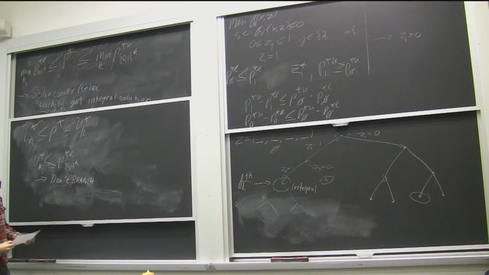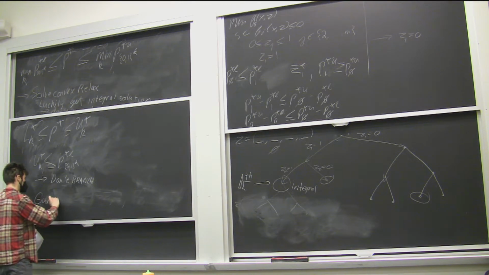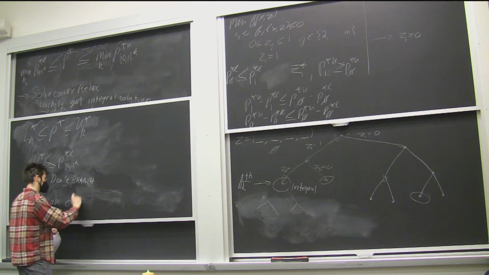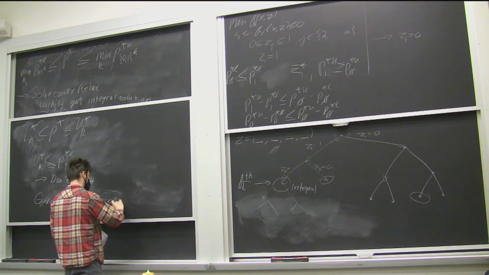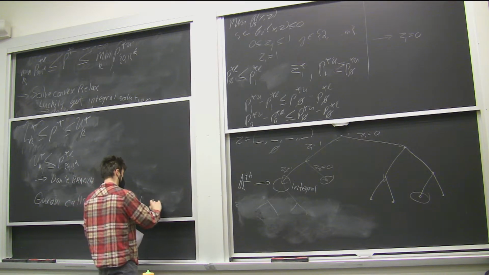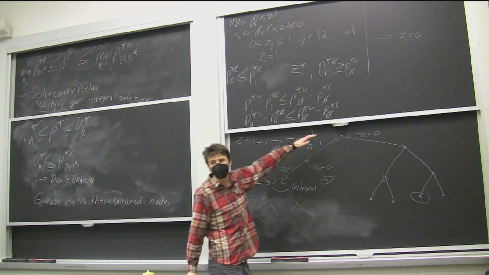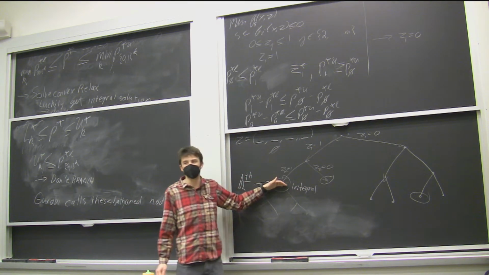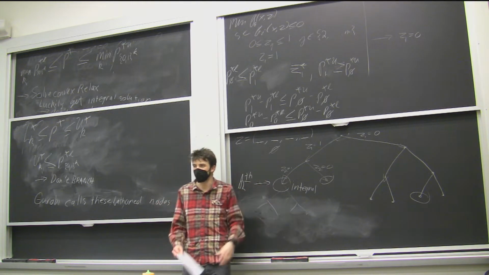So there's a name for nodes that you're not expanding anymore. Gurobi calls them fathomed, meaning that you've gone down the tree and you've hit the bottom already. We don't have to keep going.